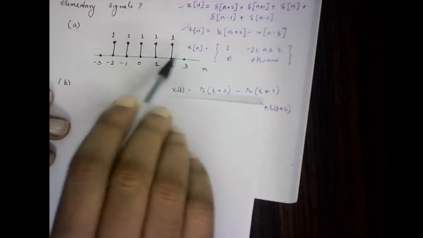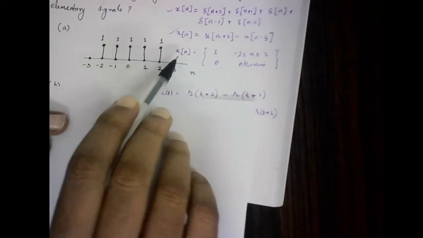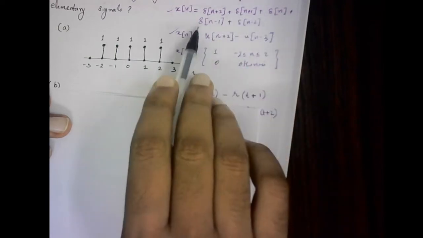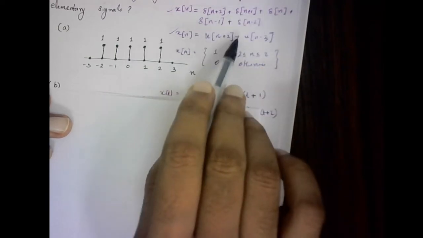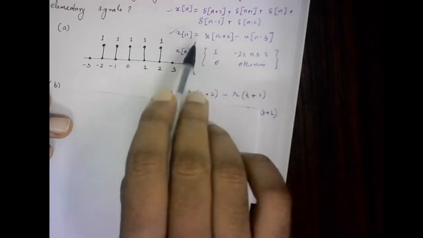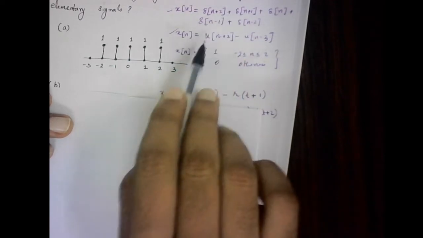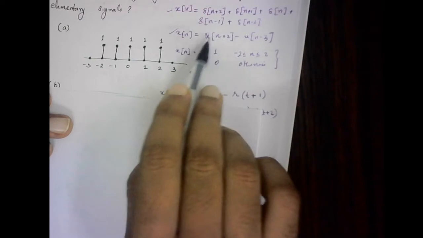So this particular signal can be expressed as a sum of sample signals like this, and also as the difference of unit step signals, like this as well. So please go through this. If there is any confusion, please let me know.